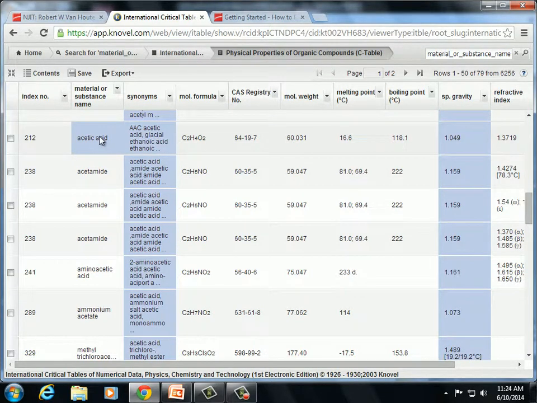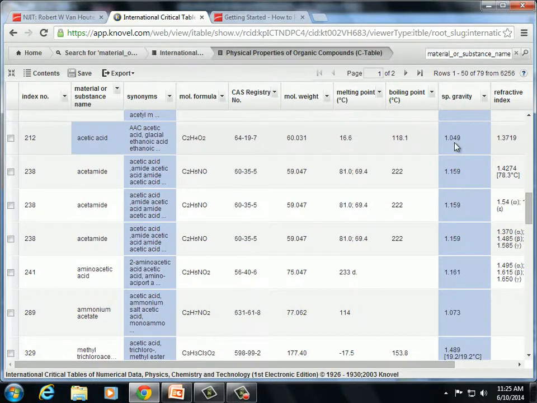This is the acetic acid that we want. And you see here it has a CAS registry number, and the other substances which are not the same have different registry numbers. So we see here acetic acid, and the specific gravity is 1.049. So we use Novel to find that.